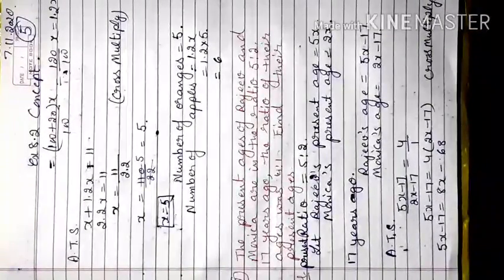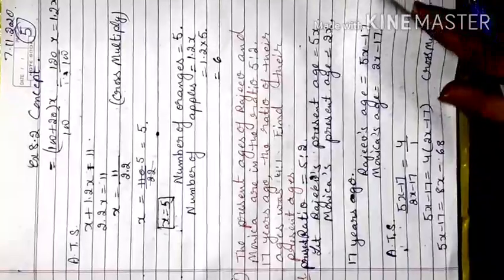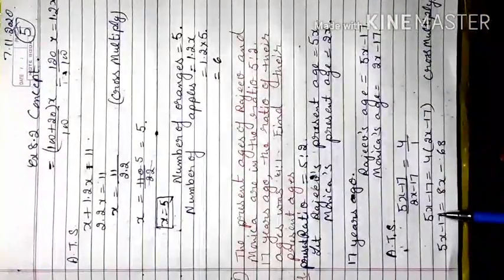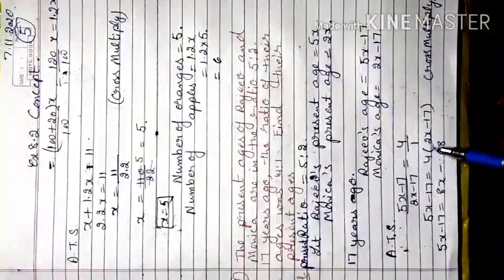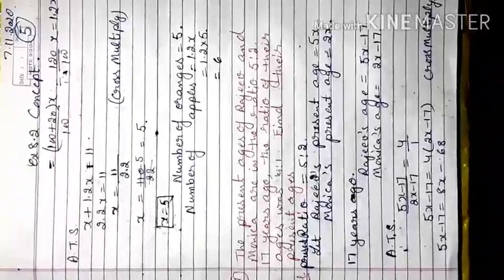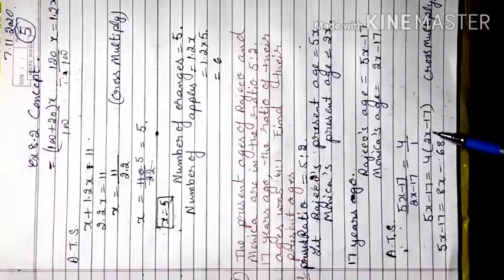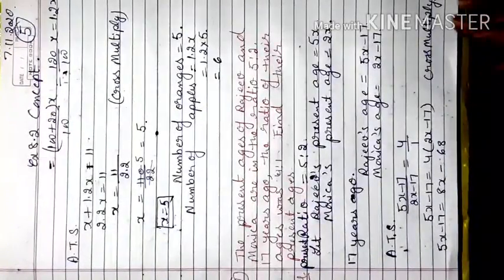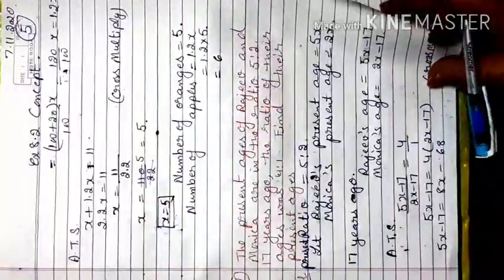After cross multiplying and transposing, first you have to write 5x minus 7 is equal to 4 into 2x minus 7. When 4 multiplies each term within the bracket, that gives you 8x minus 28.